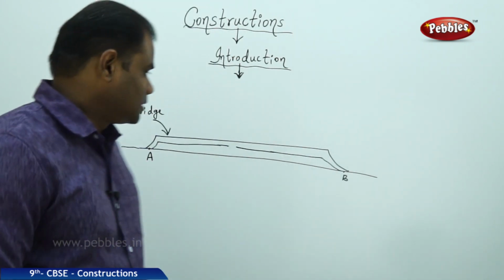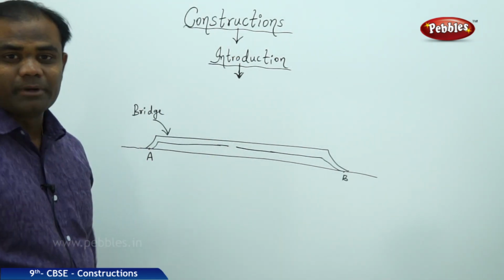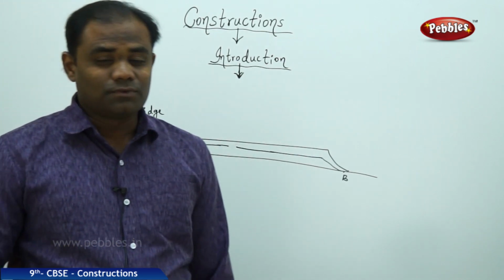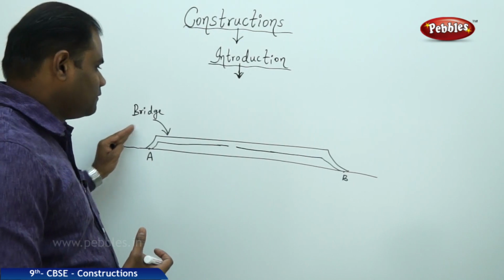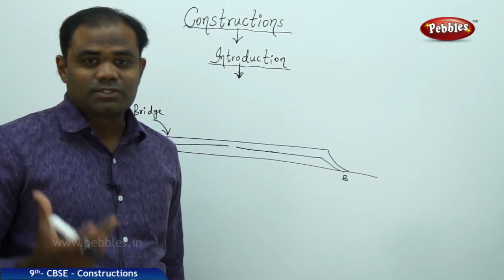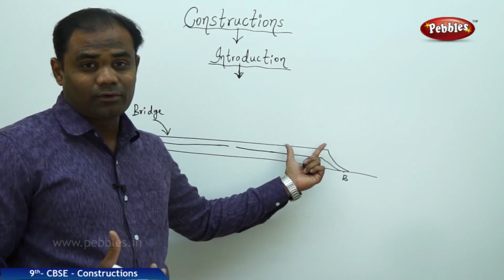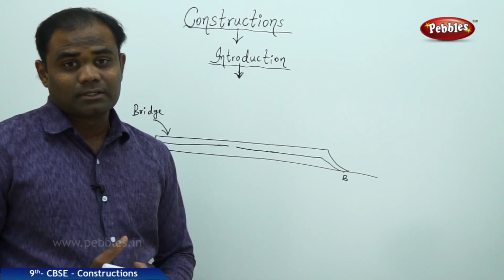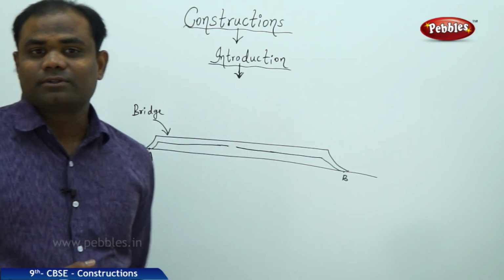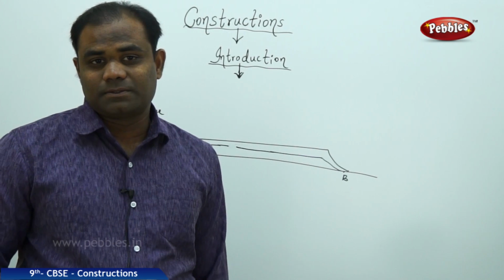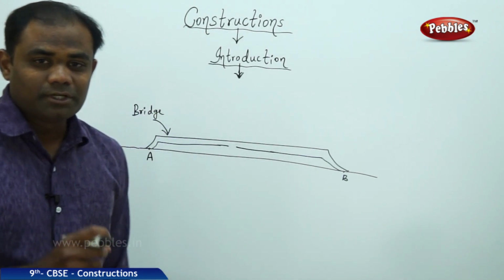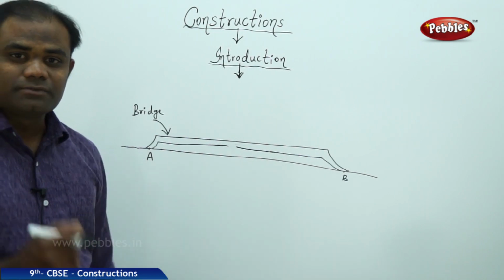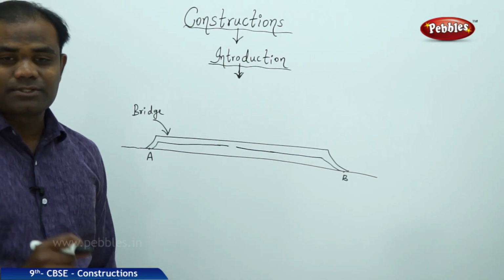How do we make the pillar supporting the bridge in the middle? Because we all know that if we do not have the pillars supporting down, then the heavy vehicles passing on the top would stress the concrete of the bridge, or else the bridge would fall and collapse on the ground, causing more damage and casualties. Therefore, an engineer, while constructing a new bridge, is very cautious about using constructions.